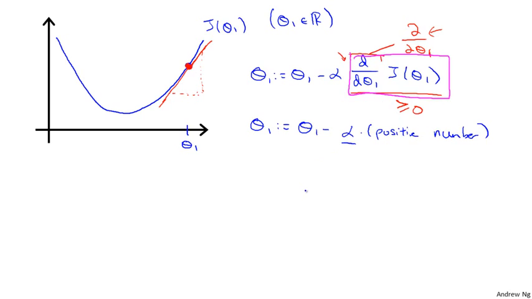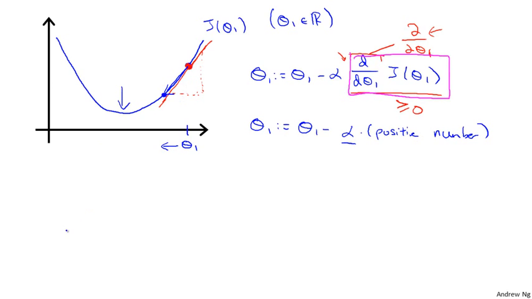So I'm going to take theta 1 minus something, and end up moving theta 1 to the left. I'm going to decrease theta 1. And we can see this is the right thing to do because I actually want to head in this direction, to get me closer to the minimum over there. So gradient descent so far seems to be doing the right thing.